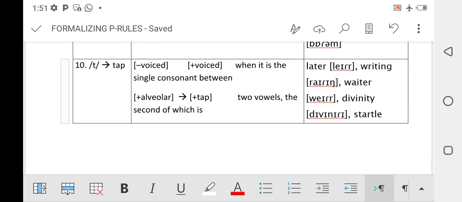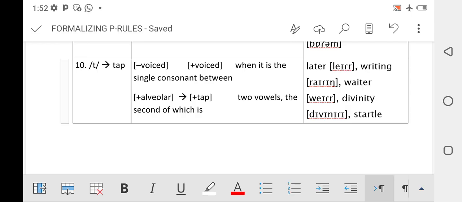So I have two vowels here in later. Okay, in later, the second vowel is unstressed. So in waiter, the second vowel is unstressed.